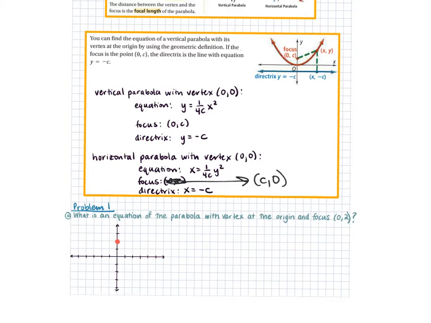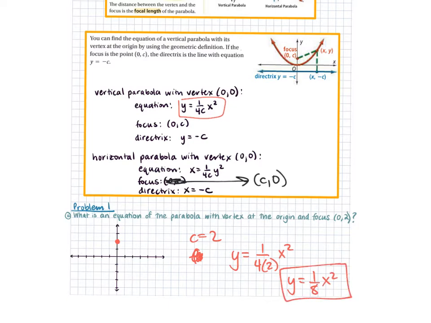And so if our c is 2, then we just plug into our equation here. y equals 1 over 4 times 2, x squared. So y equals 1/8 x squared. And that's our equation.